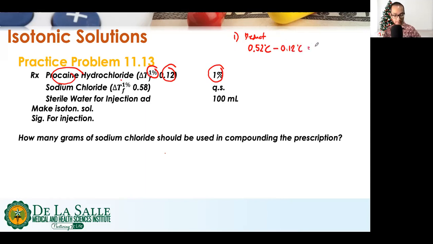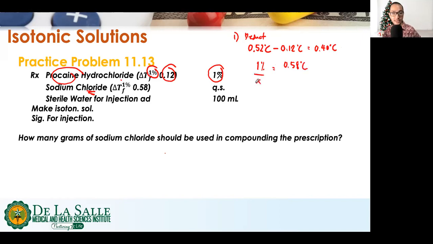So this will be equal to 0.40 degrees Celsius. This will be the needed freezing point depression for your sodium chloride to make an isotonic solution. Now, what else do we know? We know that a 1% solution of sodium chloride has a freezing point depression of 0.58 degrees Celsius.